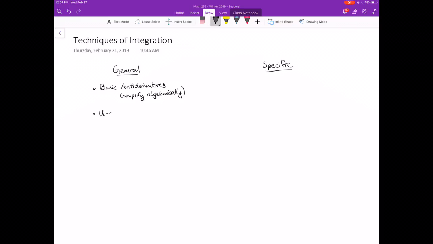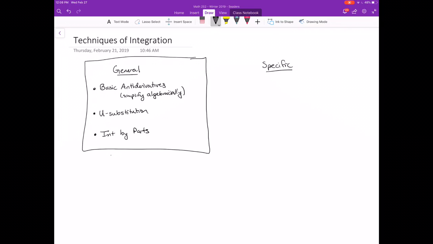The other technique you've learned is use substitution, which reverses the chain rule. And the new technique we learned right before the test was integration by parts, which uses the product rule to integrate things that we can't integrate using use substitution.